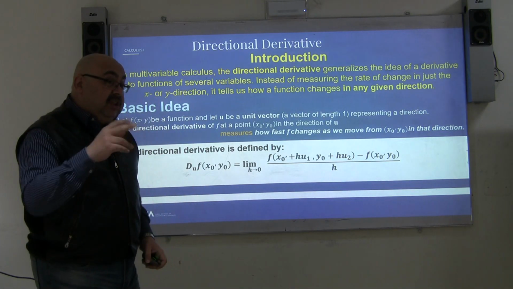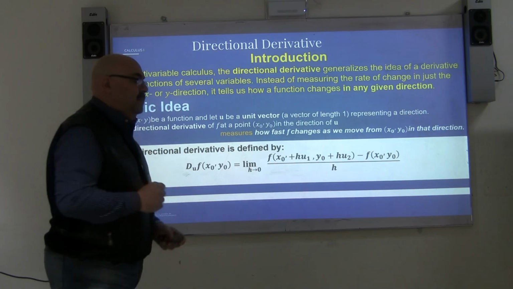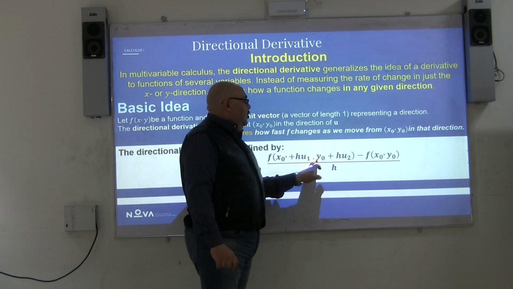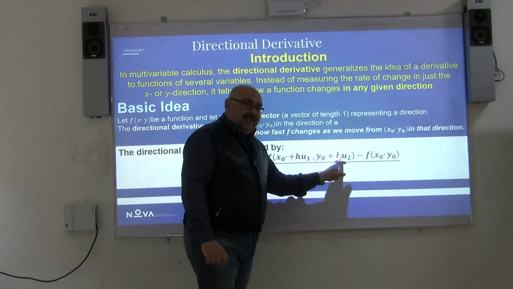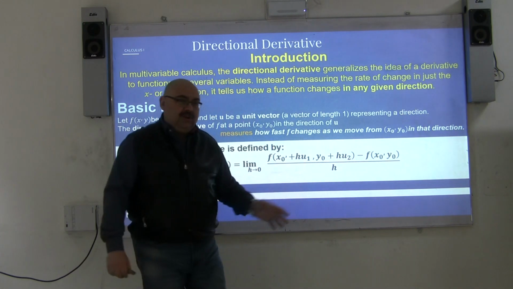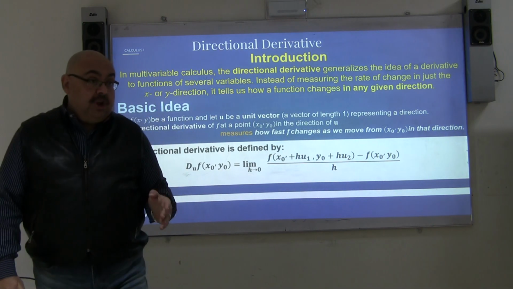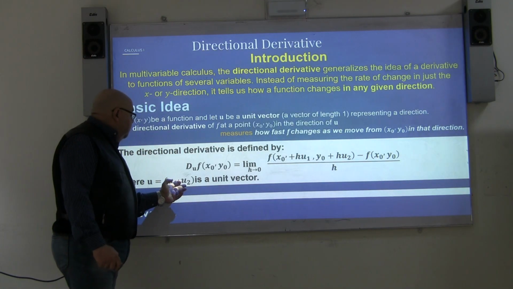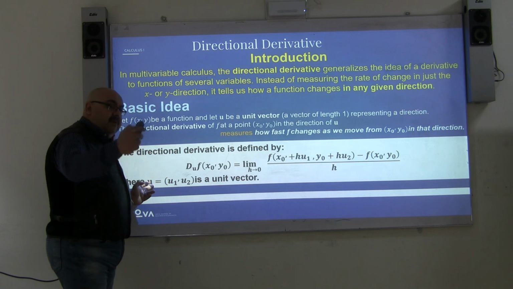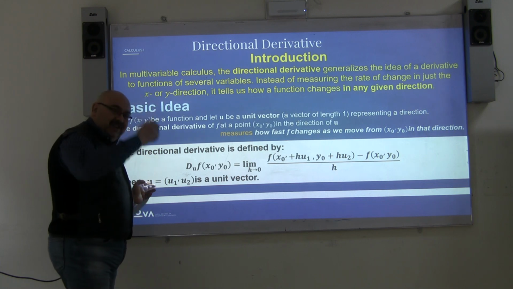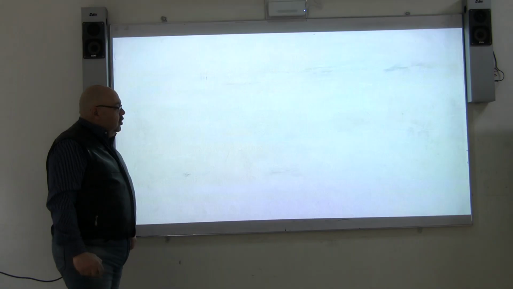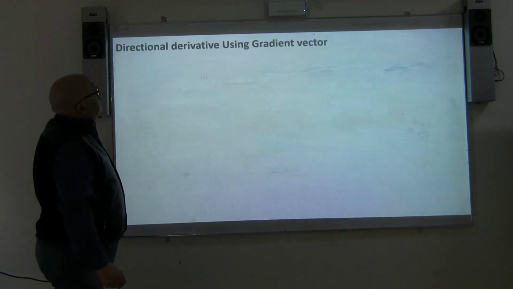The partial derivative in the direction of y is exactly the same: x naught plus h times 0, y naught plus h times 1. This is why you saw 1 in the direction of y. But in order to generalize it, I will use u1 and u2 as the components of the vector in whose direction I am evaluating the directional derivative, which are unit vectors, as you can see.